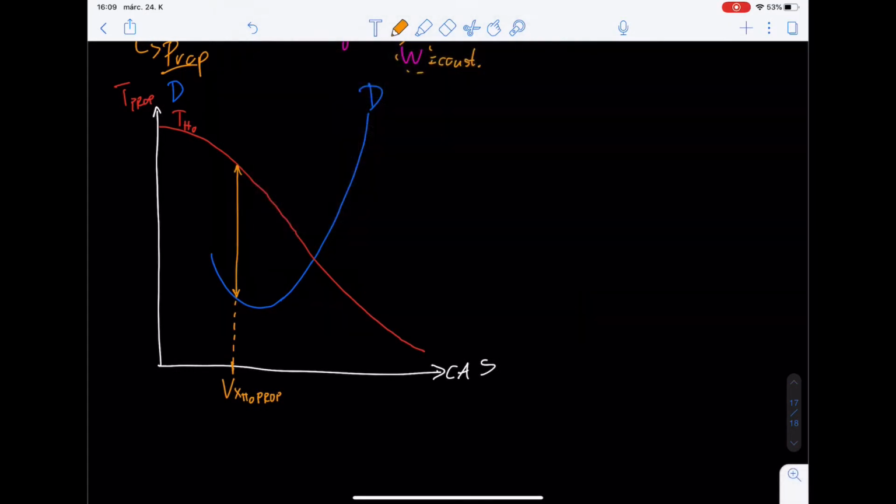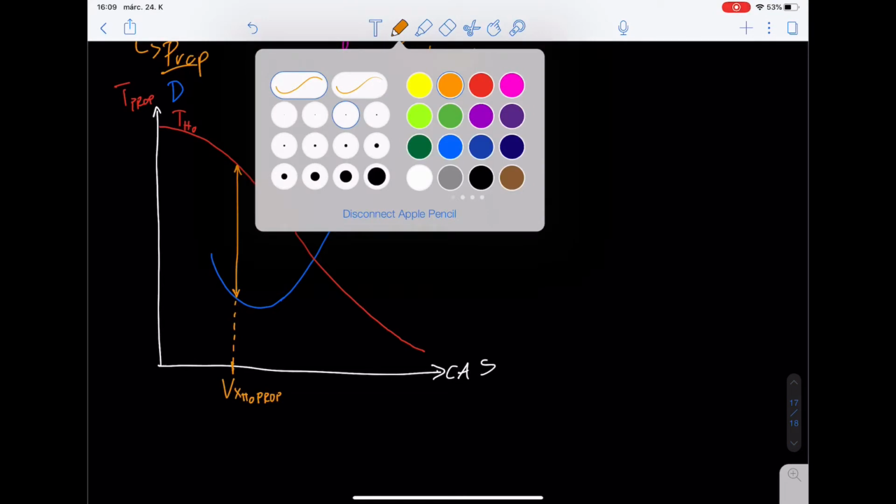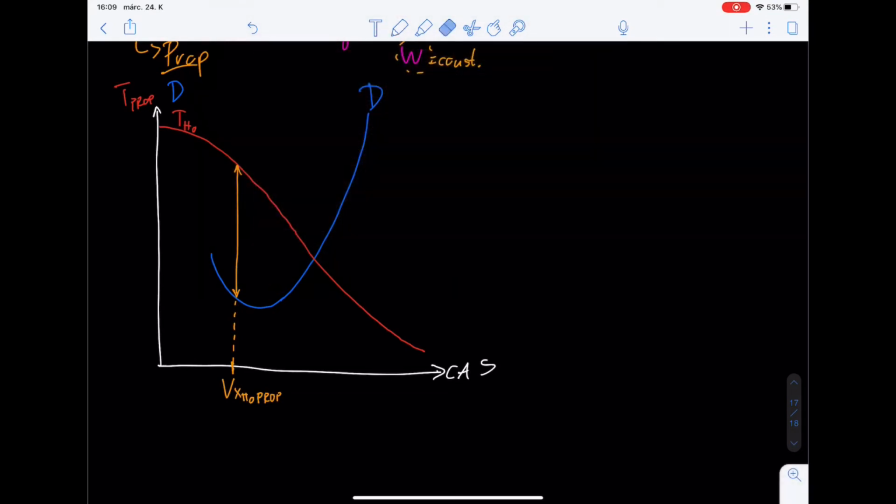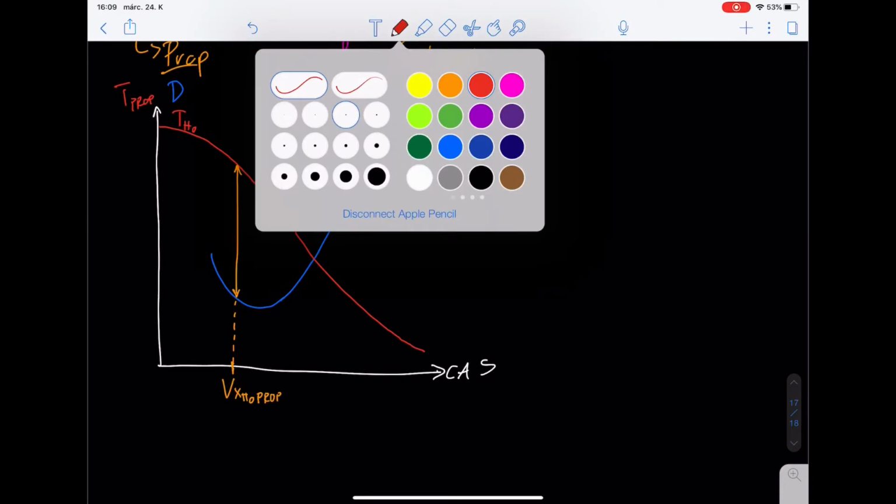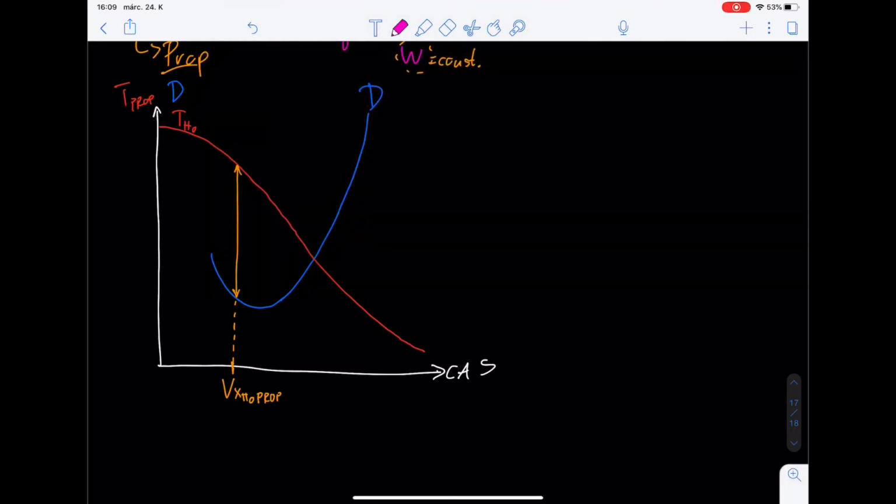Okay, so what happens with the thrust curve? Even more so, what happens with the drag curve with regards to the calibrated airspeed if you go ahead and increase the pressure altitude? Well, the answer is simply that to the drag curve nothing significant happens with regards to calibrated airspeed. And with the thrust curve, the thrust is of course going to be reduced in such a way.